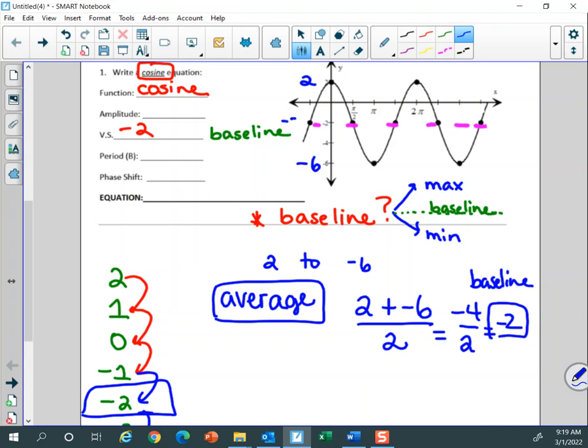So if this is -2, the amount of space from here to here on either side should be equal, and that's going to be your amplitude. So from -2 to 2 is 4 units. From -2 to -6 is 4 units. We've got an amplitude of 4.